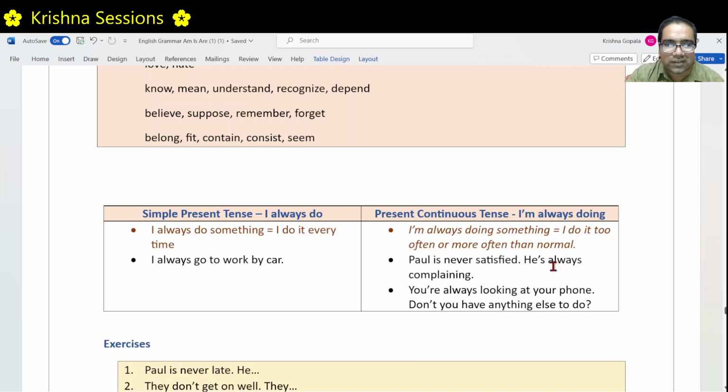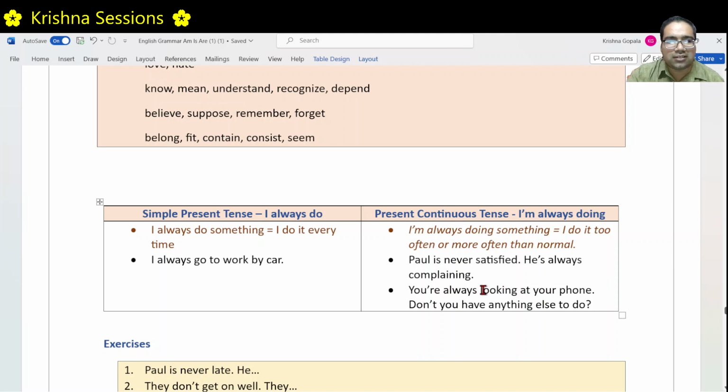Paul is always complaining means he is complaining more than what is normal. It is not that he is complaining every day from 9 a.m. to 10 a.m. Right? It is happening more frequently. Right? You are always looking at your phone. Don't you have anything else to do? Here, this person is doing it more frequently.